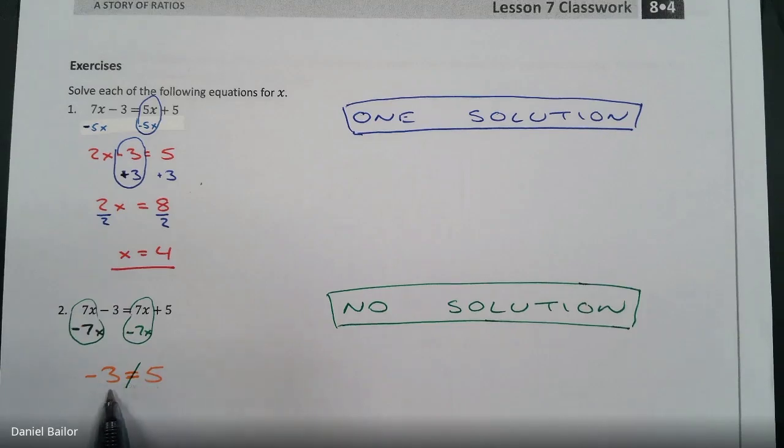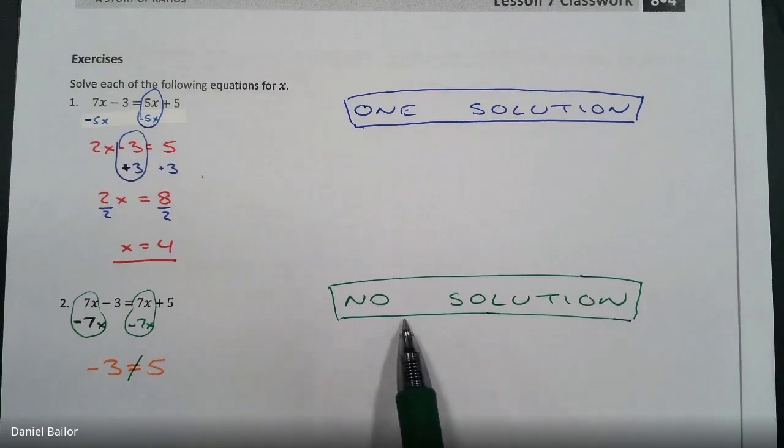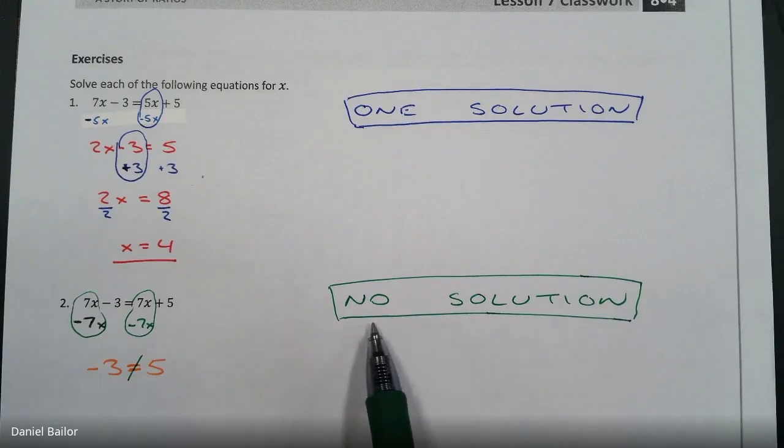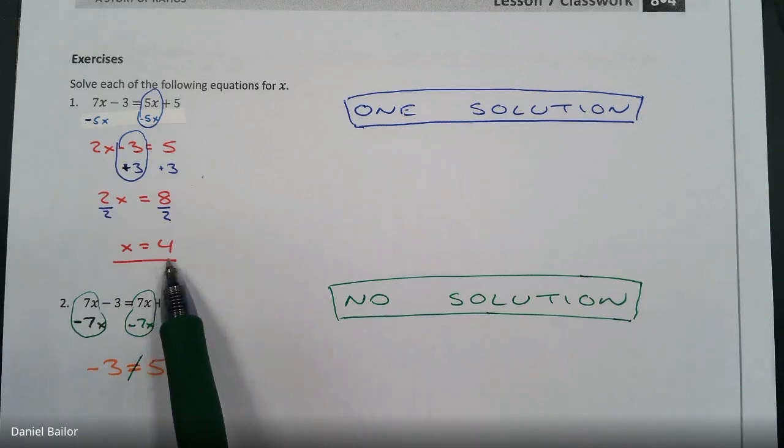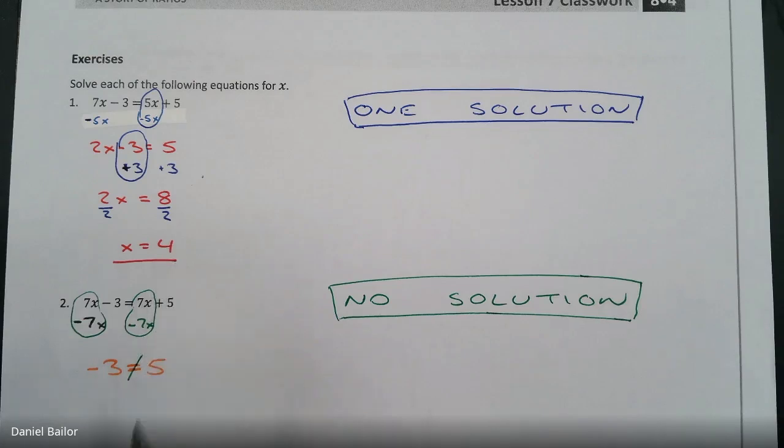They are 2 different values. So this means when they do not equal, there is no solution. So this has no solution. So x was a specific number. That's one solution. When x goes away, we have no solution.